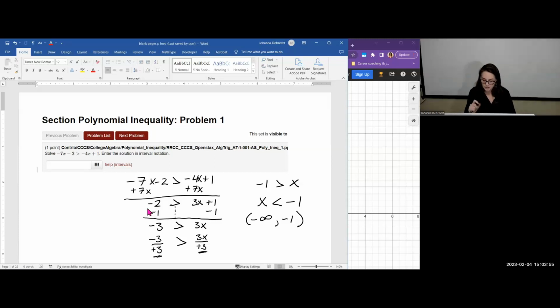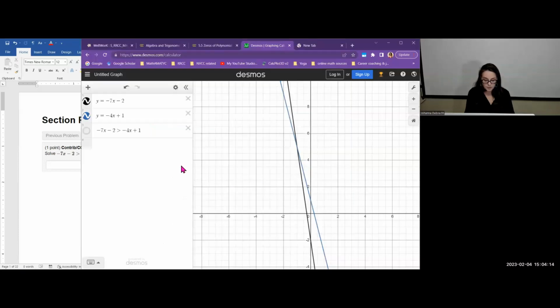Here, we don't have that, so it's round. Now, let's take a look and see what this means. This means that any x value between -infinity and -1 should make this line, -7x minus 2, greater than this line, -4x plus 1. Let's take a look over here on our number line.